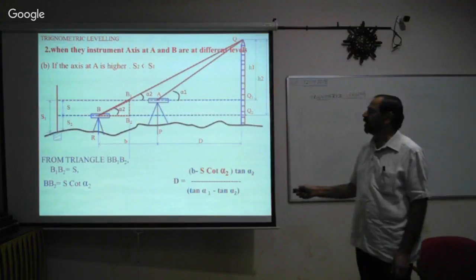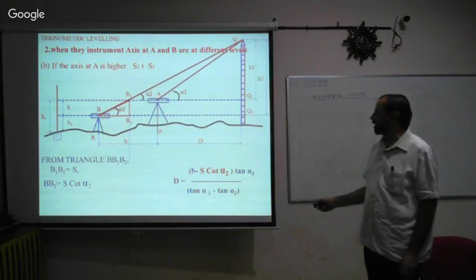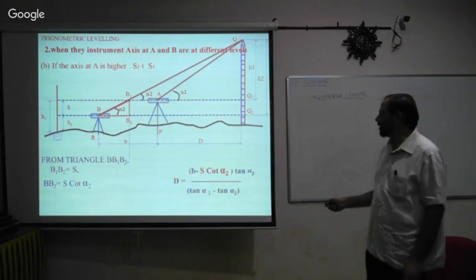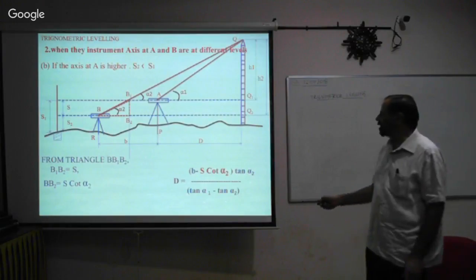Therefore V is reduced by S cot alpha 2, and the formula becomes V minus S cot alpha 2.